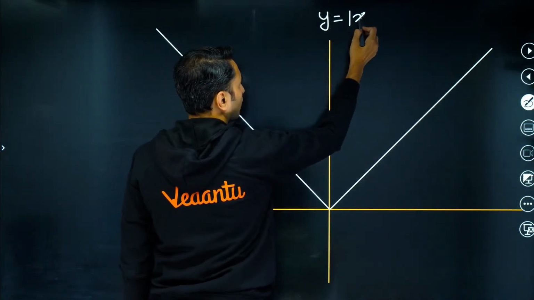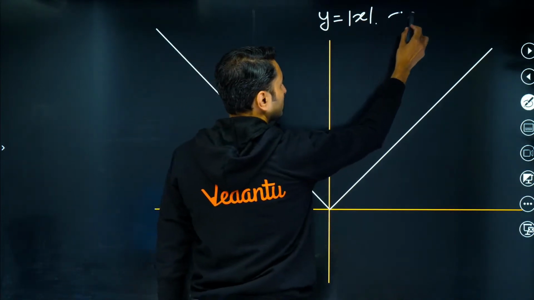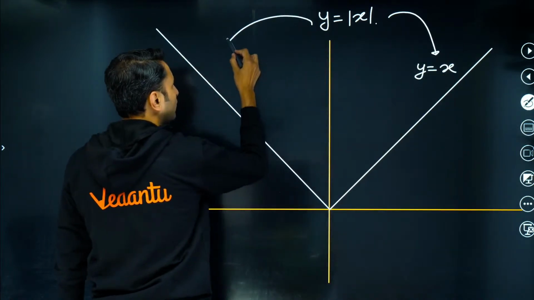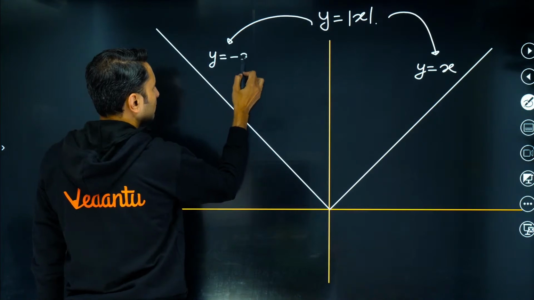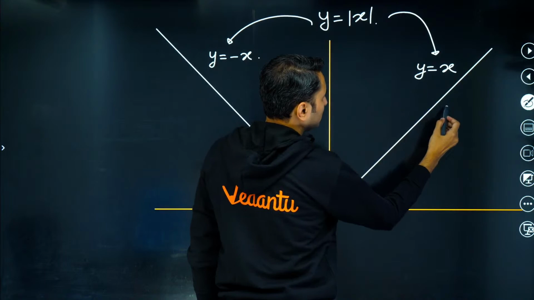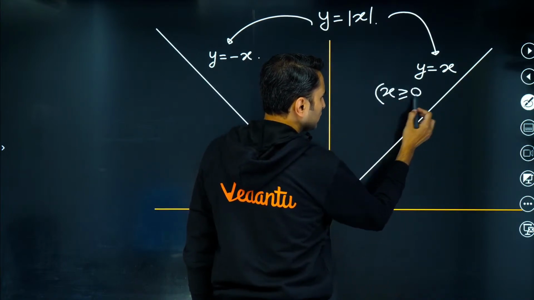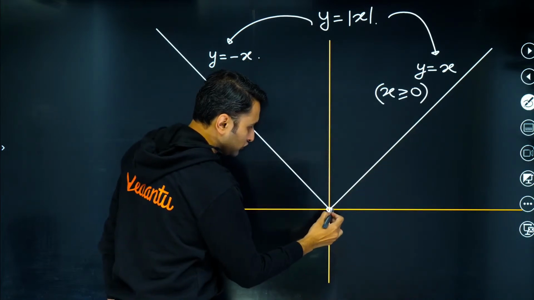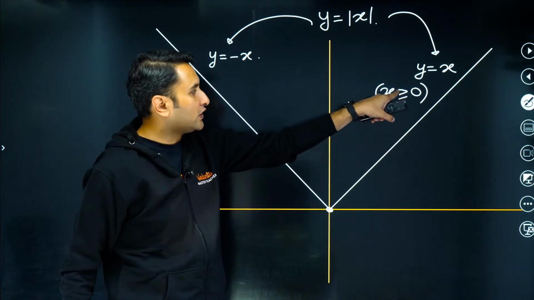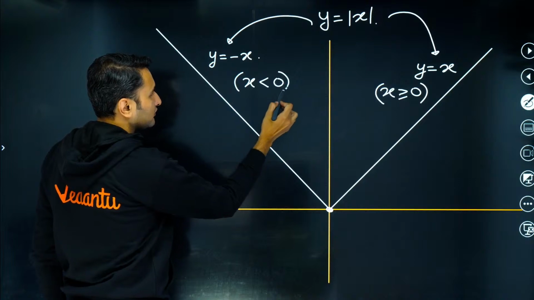So now, just to summarize, this is the graph of y equal to mod x. It actually can be understood as y equal to x or y equal to minus x, right? Under what conditions? This is the condition when your x is greater than 0. You can also put equal to 0 because this point is also included. By the way, greater than or equal to 0 can be included here, or it could have been included here as well.